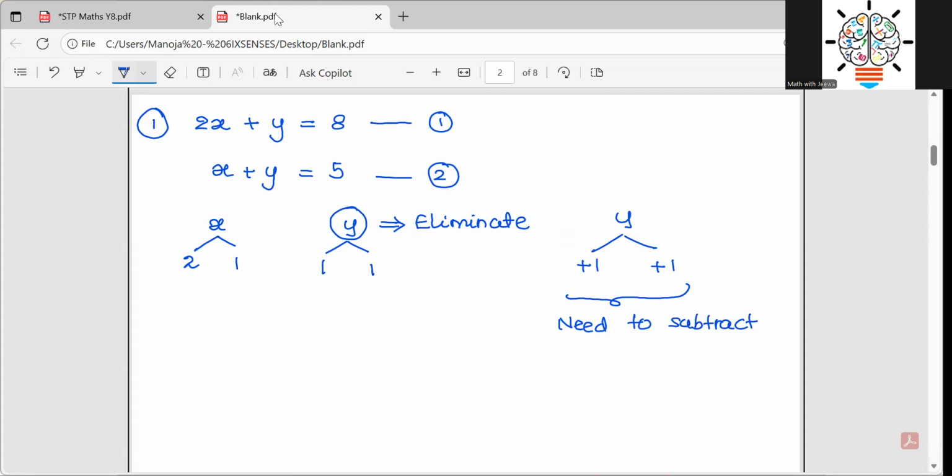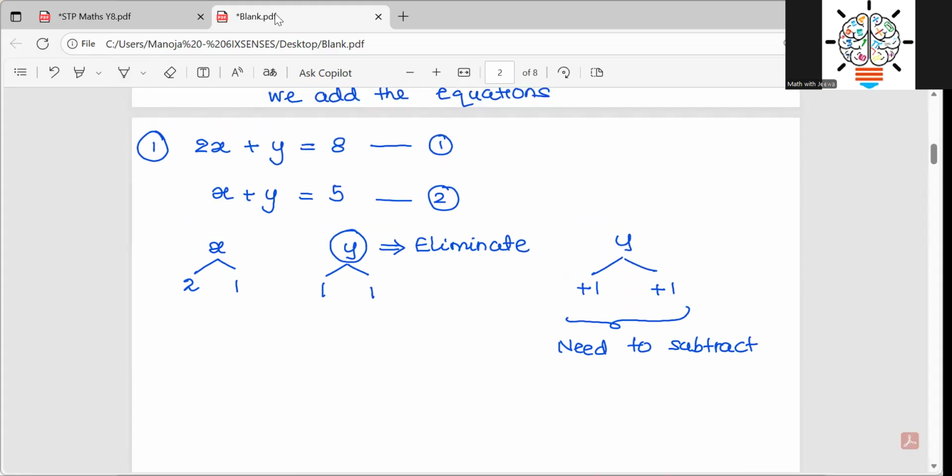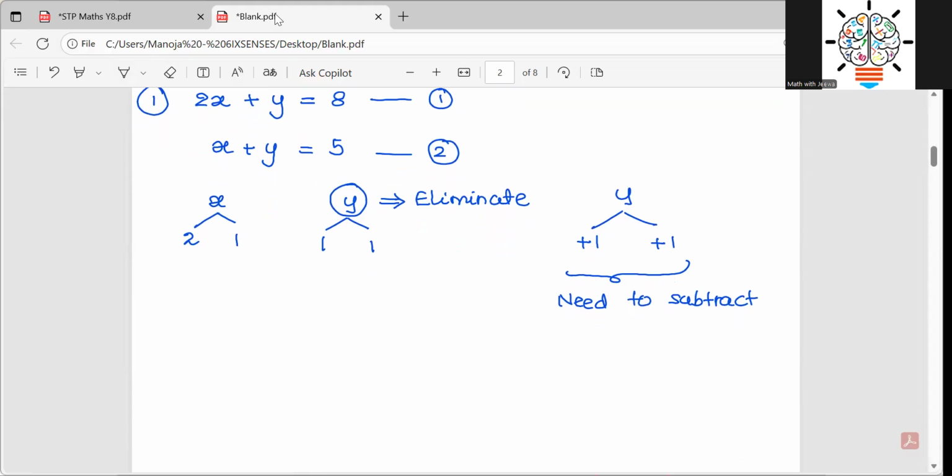Okay. Then here you can subtract, you can do 1 minus 2 or 2 minus 1. That doesn't matter. No hard and fast rule, but be practical. When you're subtracting 1 from 2, it's easier, right? Because 2x and 8 are bigger than x and 5. Therefore, what I do, children, I write here 2 minus 1.